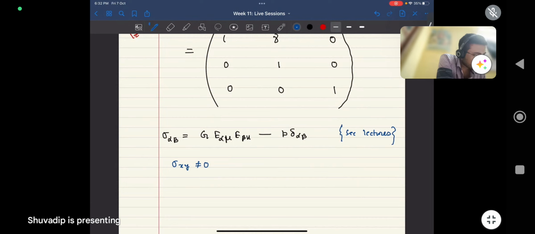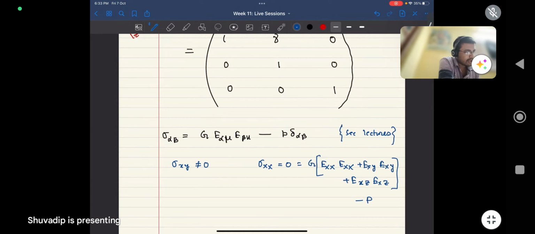So sigma xx, which is 0, we know that is G. This mu is a dummy index, so it will run over all. So sigma exx plus exy z plus exz minus p, because that term is 1 now, because alpha is equal to x, beta is equal to y.